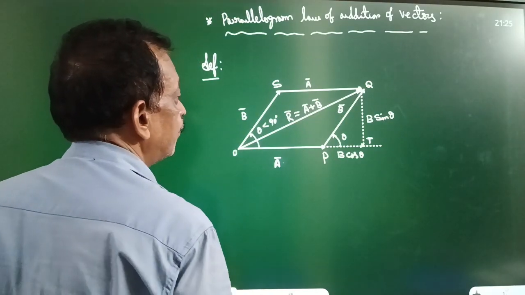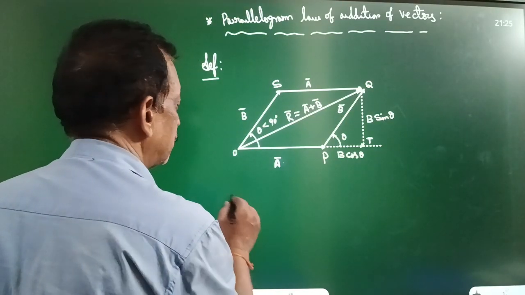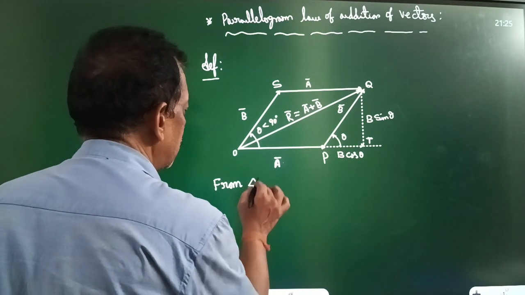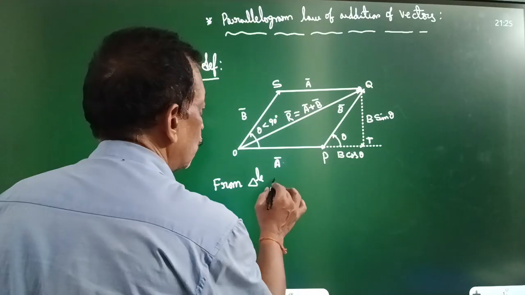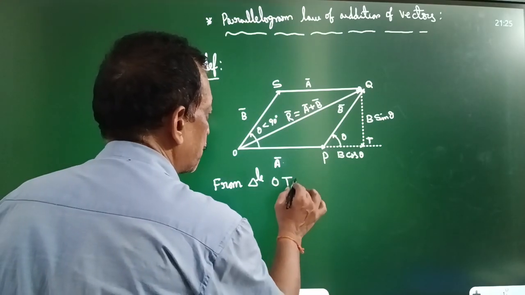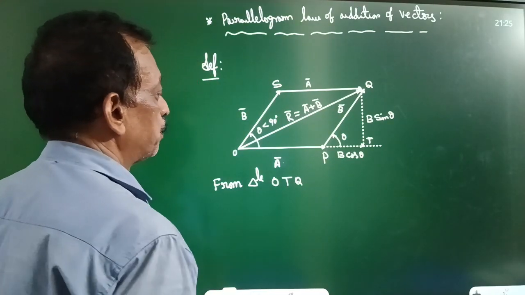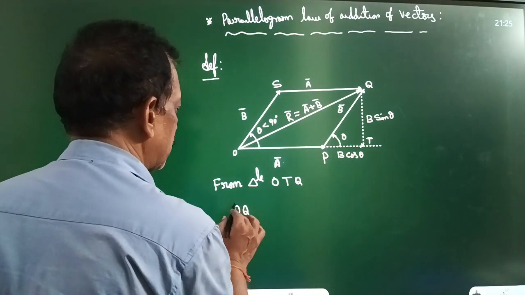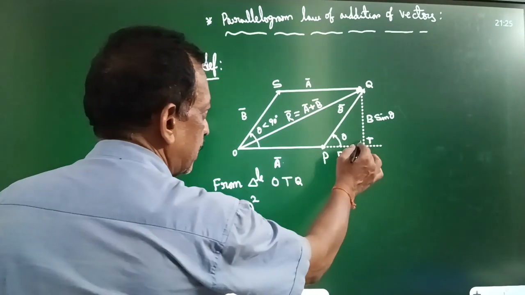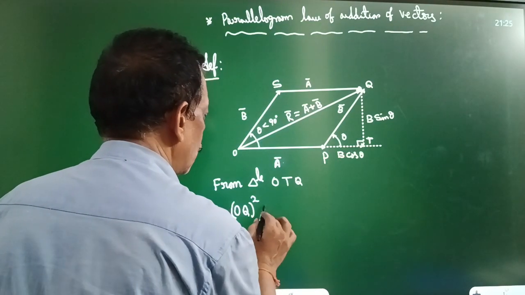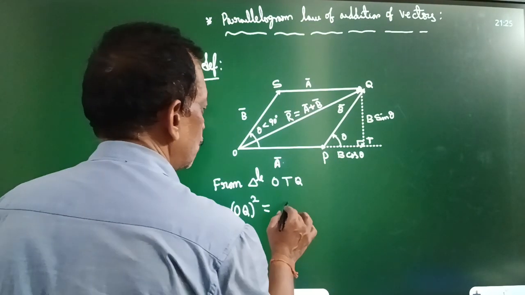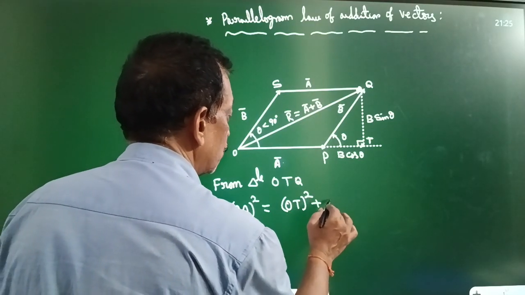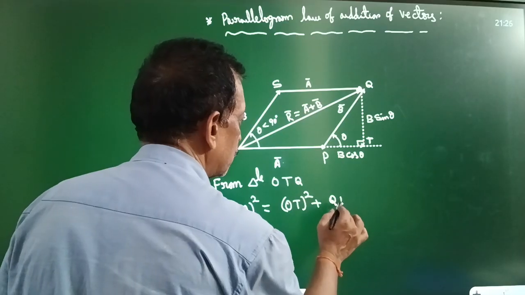So from triangle OTQ, by using the Pythagoras theorem, OQ square, because this is 90, OQ square is equal to OT square plus QT square.